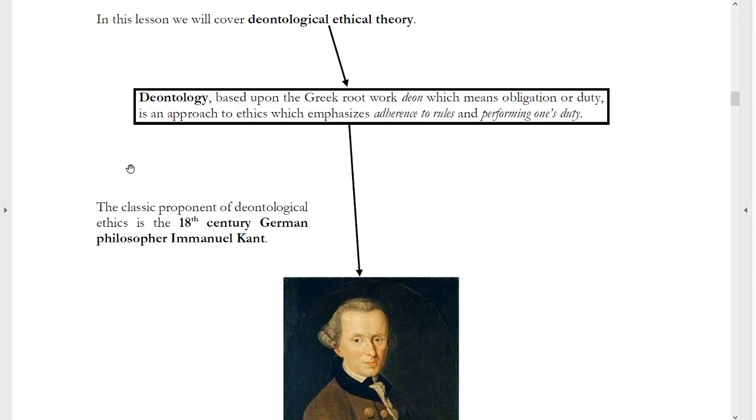It's an approach to ethics which emphasizes adhering to moral rules, for instance, the rule against murder, which is what Anscombe was appealing to. So it's very important that we follow certain rules and that we perform our duty. Morality is less about calculating the consequences of our actions and more about asking, are the actions we're performing in themselves morally correct or morally acceptable?